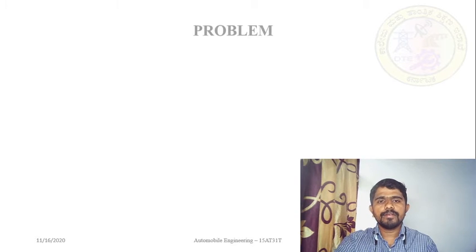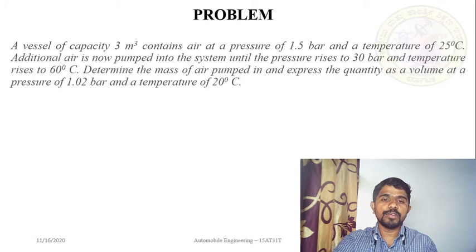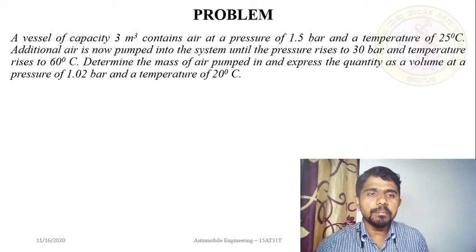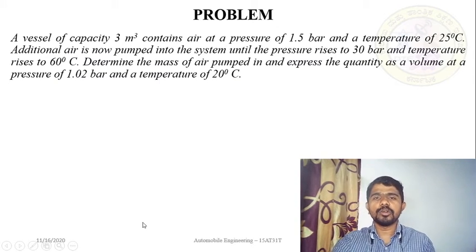So now we are going with the next problem. This problem is very important and it is very interesting also. Let us take this problem. I'll read the problem and you please note it down.